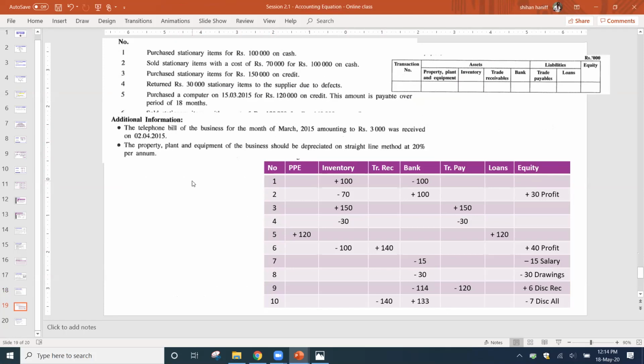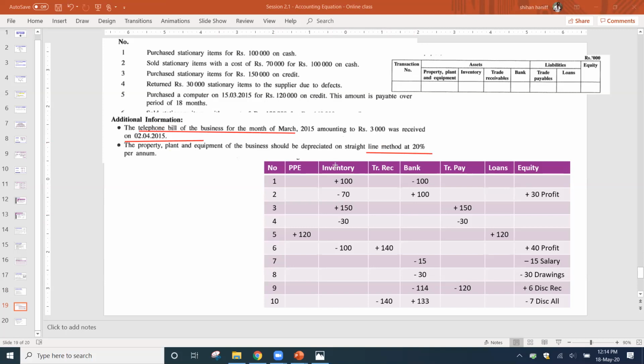There are two additional information. Telephone bill of the business for the month of March amounting to 3,000 was received on 2nd of April. This is telephone bill payable, and depreciation is 20% per annum.